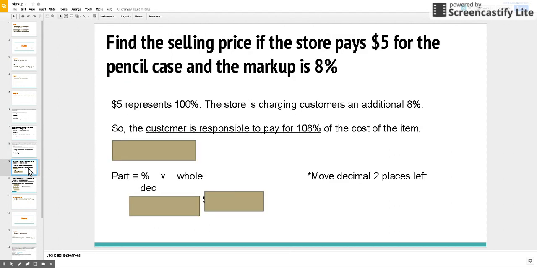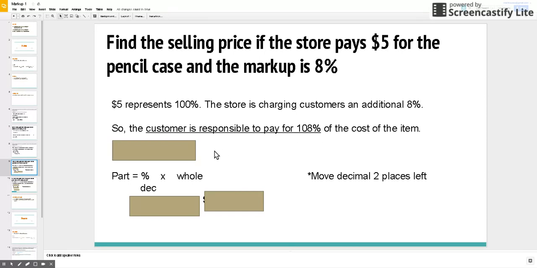Let's look at our next problem. Find the selling price if the store pays $5 for a pencil case and the markup is 8%. So $5 represents 100%, right? This is the original cost. And the store is charging its customers an additional 8%. So the customer is responsible to pay 108% of the item. Okay?